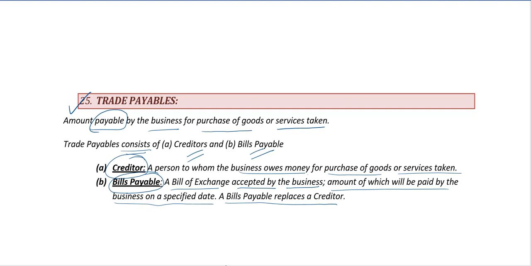Now let's say the business purchases goods, rupees 1 lakh, from Mr. X on credit.